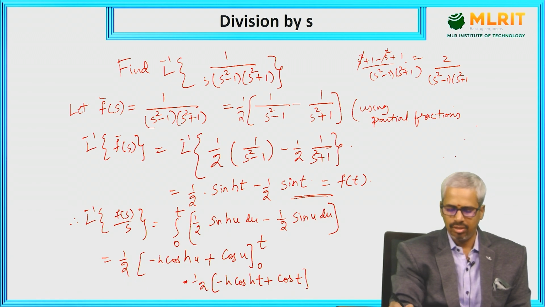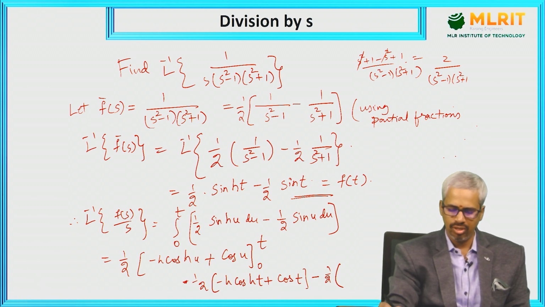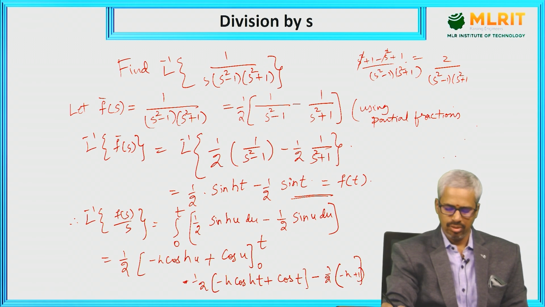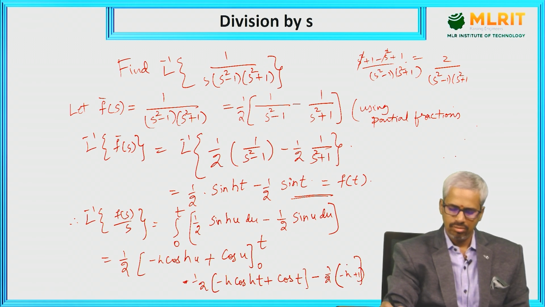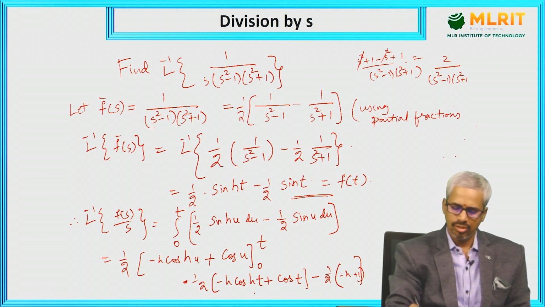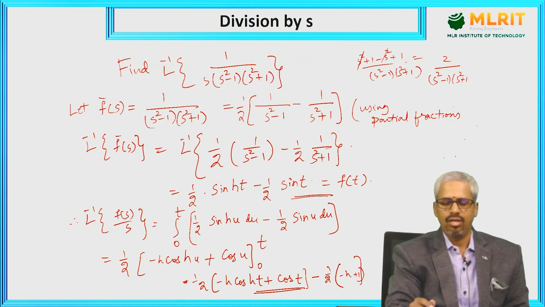This is upper limit. Lower limit, substitute u equal to 0, cos 0 is 1, so minus (cosh 0 plus 1). Cos 0 is 1. This is how we solve inverse Laplace using division by s, right?